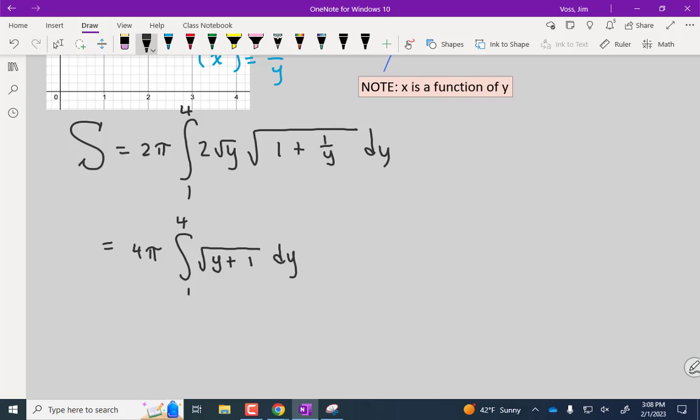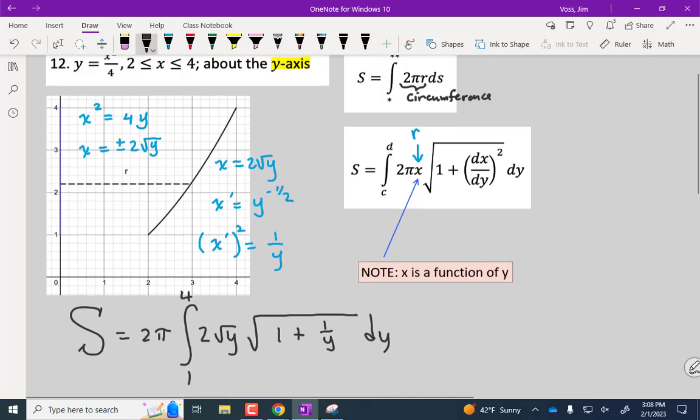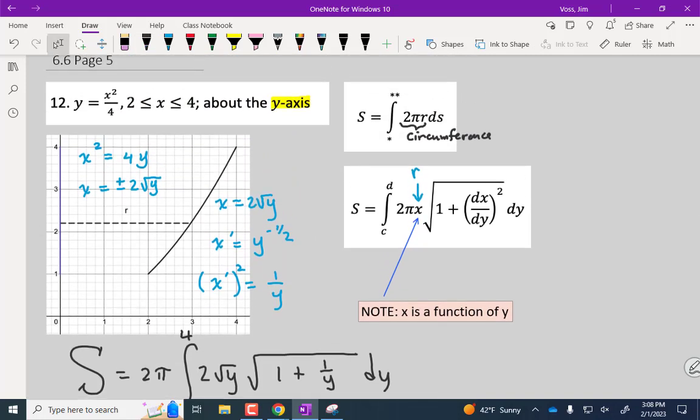So this is slightly different because it's not quite as obvious, but you can think the same way. If you have a horizontal element, this is measuring distance horizontally, so you should have x values on each side. Right? If you're trying to measure a horizontal distance, it's going to be x minus x. And if this function was given to us as a y value, we would want to rewrite it as an x value.